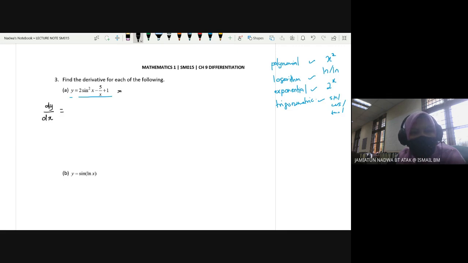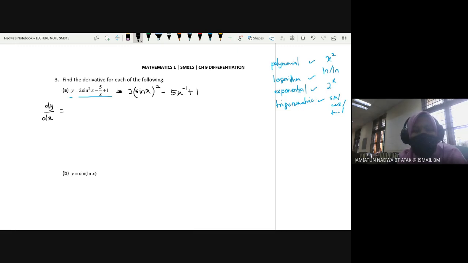Dia adalah 2 sin x squared minus 5x to the power of negative 1 plus 1. Okay, yang ni saya belum differentiate. Saya cuma tukar cara tulis dia supaya awak tahu macam mana nak differentiate dia dengan mudah. Sebab kalau 5 per x, kita tak nampak dia terus macam mana nak differentiate dia kan.